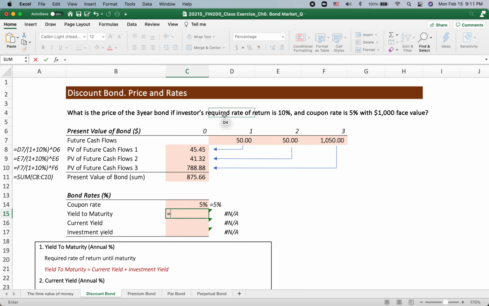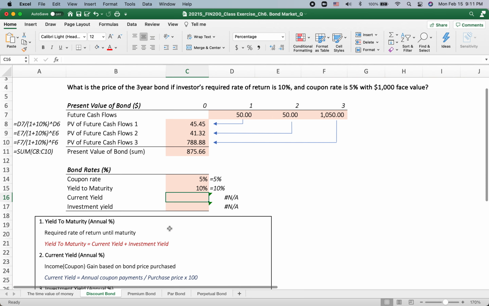If you hold this bond until maturity, what would be the annual rate of return? That is the 10%. Exactly the same concept as the required rate of return of 10%, or discount rate, or interest rate by the investors. So all are the same rate of return, but the expressions differ based on the different purposes of using this rate.